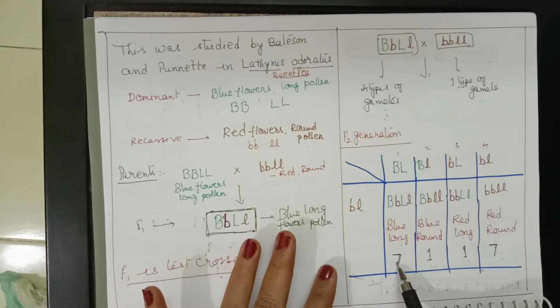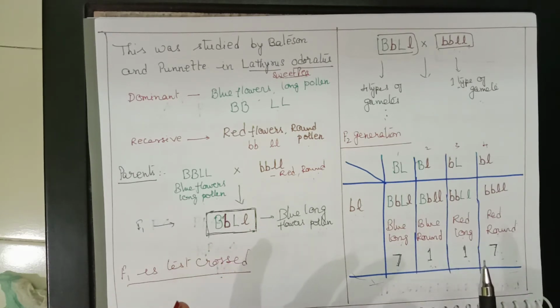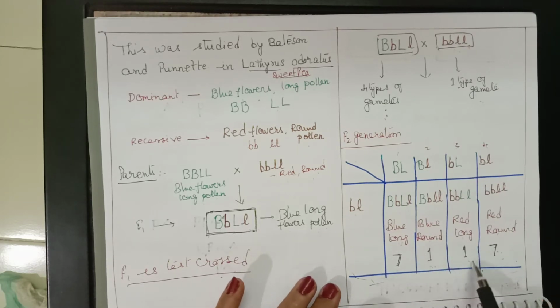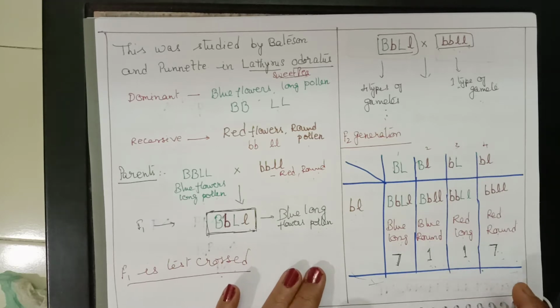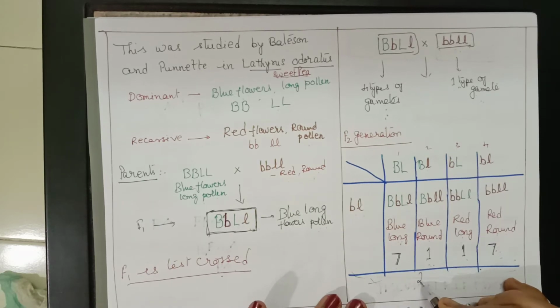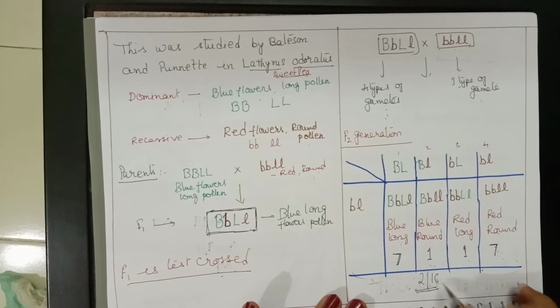We get a ratio of 7:1:1:7. So these 7s are parental types and only the 1s are recombinants. Seven parental and only two recombinants. That means out of 16, we have only 2 recombinants, or 1 by 8.